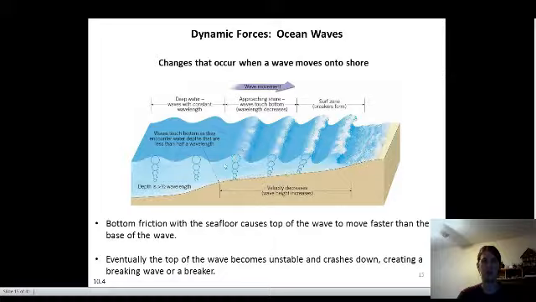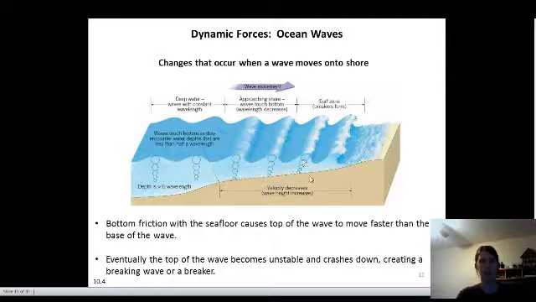So these are still moving, but it's not moving as fast down here. It's getting dragged along the bottom now. And it keeps dragging, and it changes these circular orbits into elliptical orbits, which cause increased wave crest until eventually you get to a point with a surf zone where you get these breakers forming.